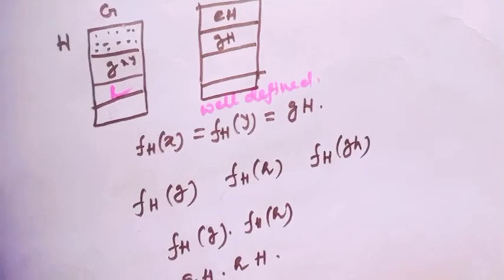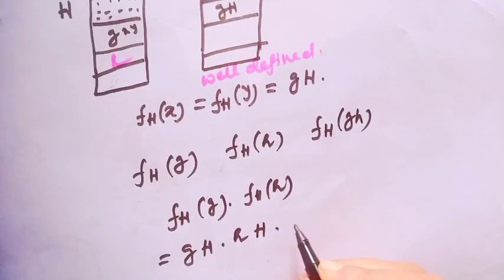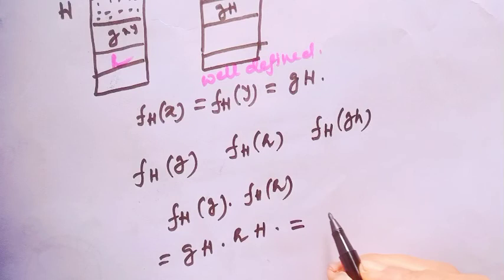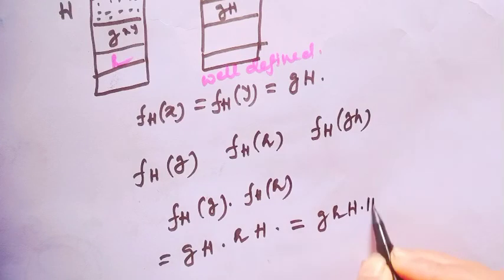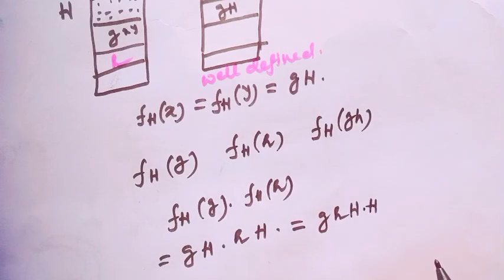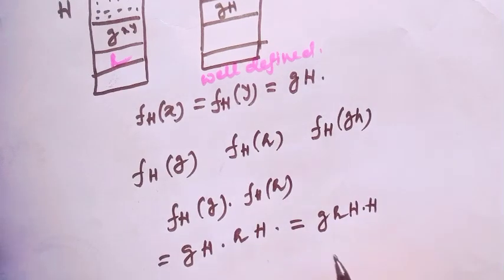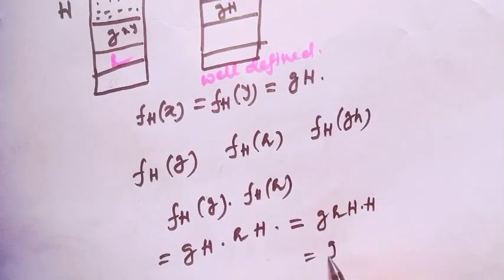And since H is a normal subgroup, this is always equal to ghH times H. And by the closure property, we can write it as ghH.